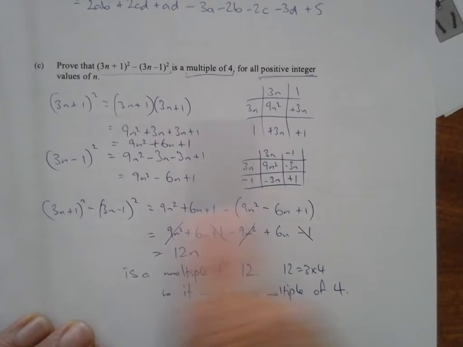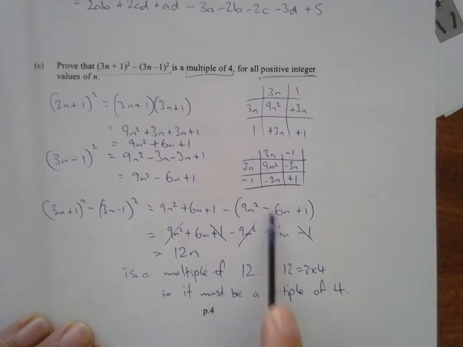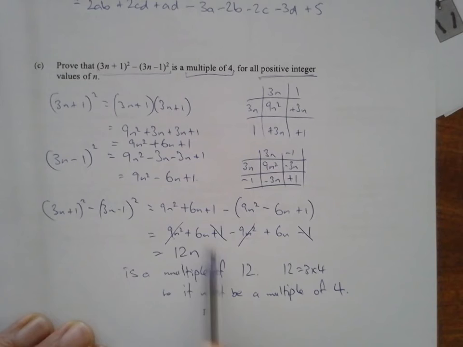So just expanding out, not getting caught up by this minus and minus sign, making sure we get that right, simplifying, and then we just go on to show that that's a multiple of 12. It's 12n, and which must be a multiple of 4, because 12 is a multiple of 4. And that's all we needed there for our excellence.